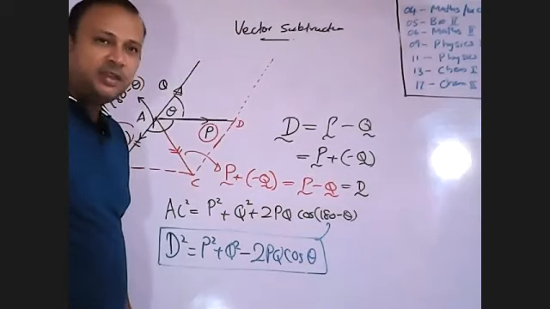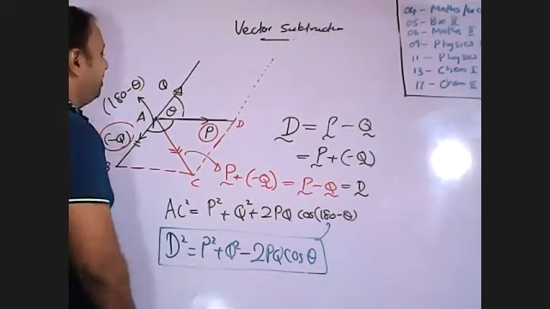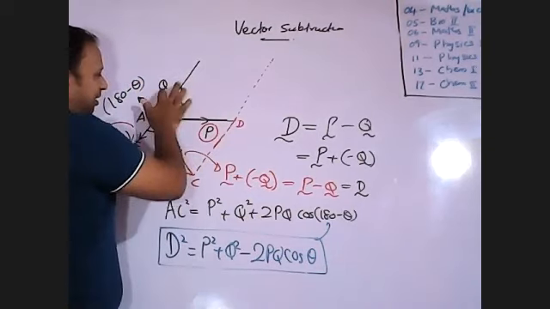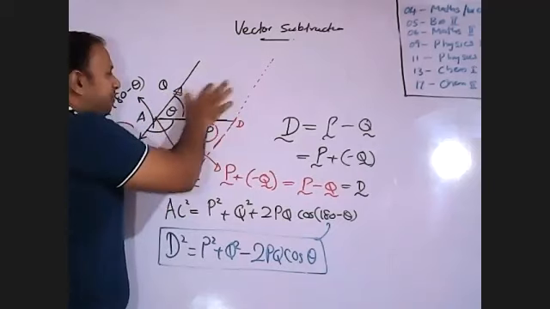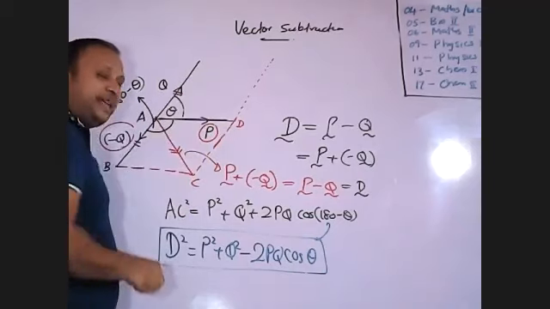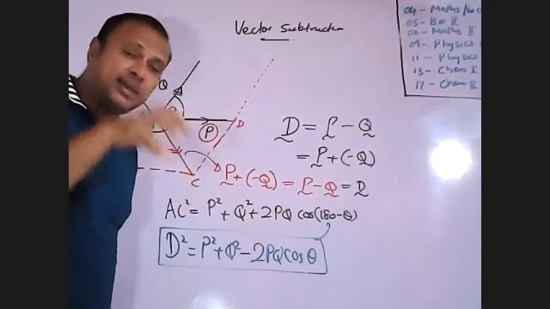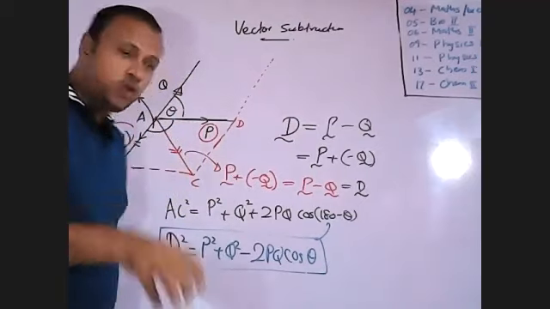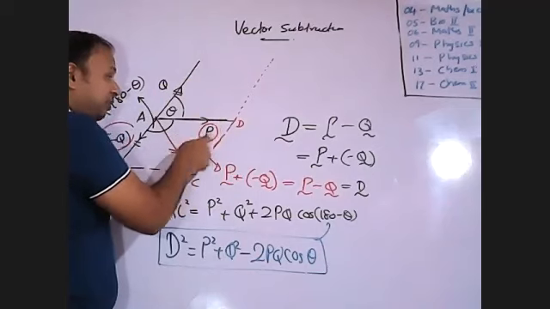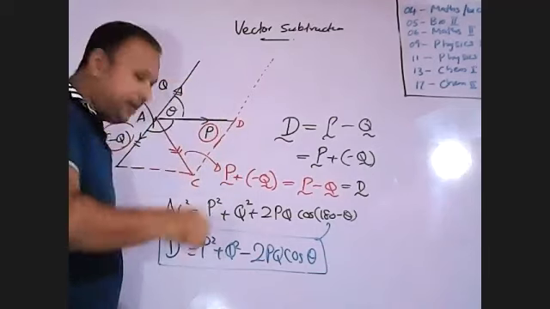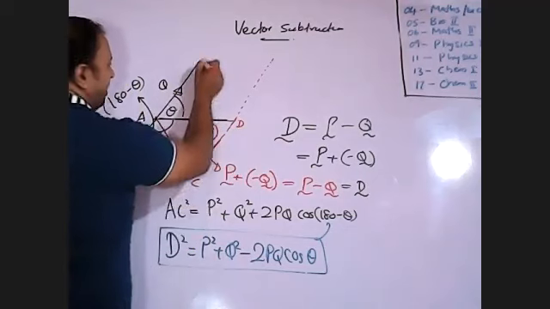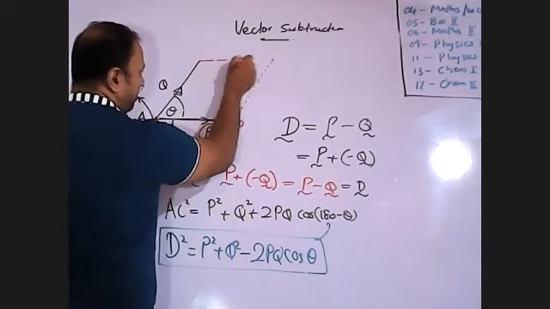Suppose I complete the original parallelogram, which is used to get the resultant force of P and Q. The original parallelogram is the parallelogram used to get the resultant of P and Q. I will have this kind of parallelogram.